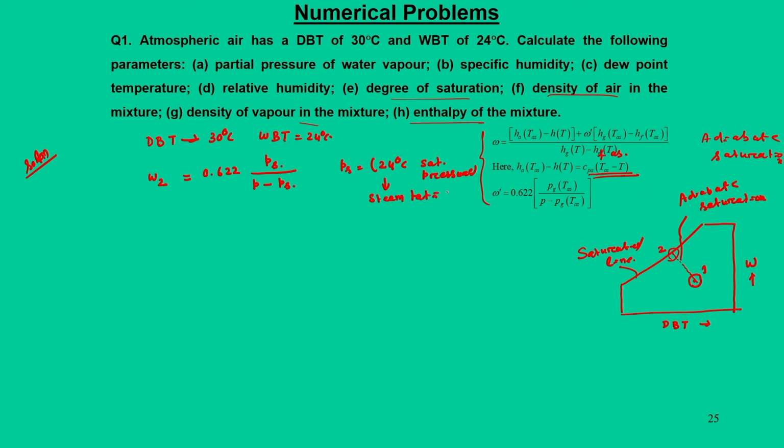So, from the saturation temperature table at 24 degrees centigrade, this value Ps is equal to 0.02985 bar, and we also have P equal to 1 bar. From this we can calculate omega 2 as 0.01913.